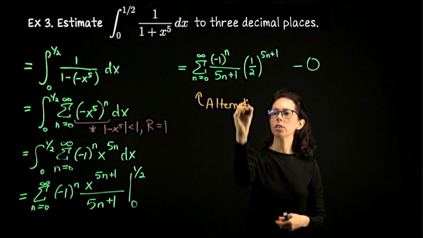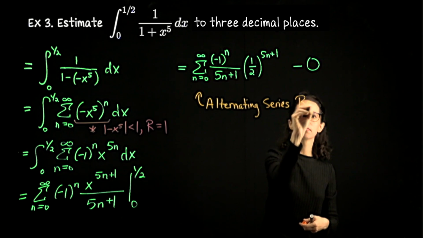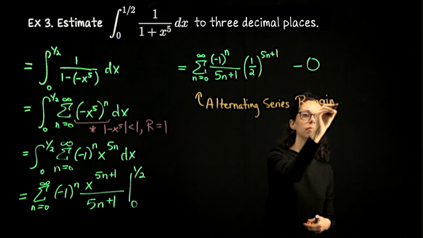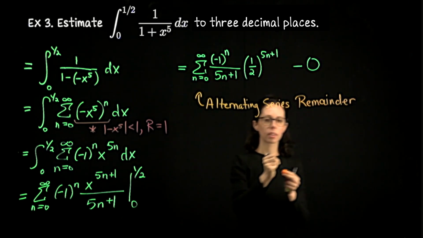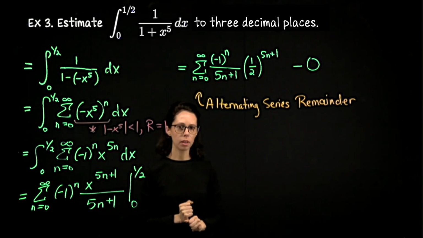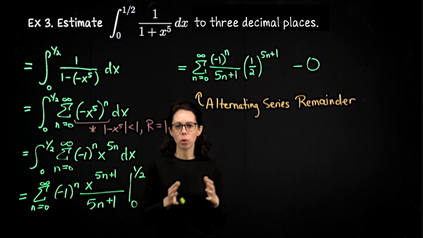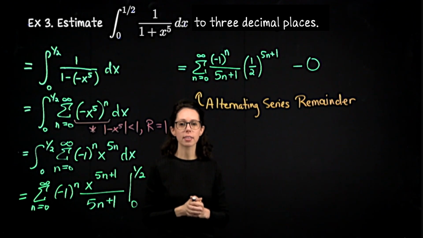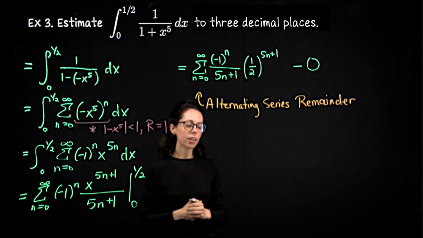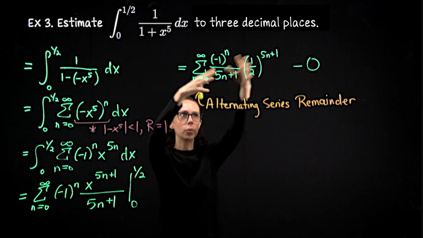So look at the alternating series remainder. What we said was that if you take a partial sum for a convergent alternating series, then the size of the error, the distance between your partial sum and the true sum of the series, the size is less than or equal to just the size of the next term without sign that you would add up.